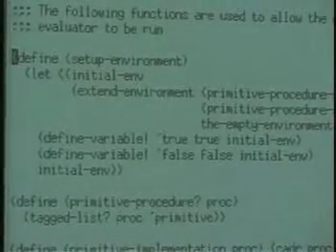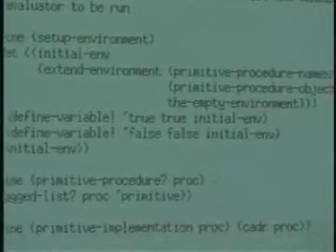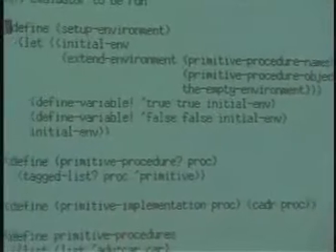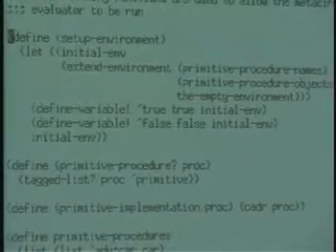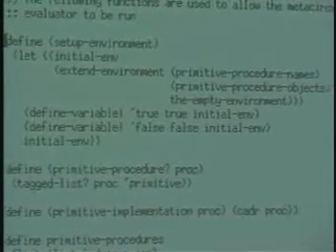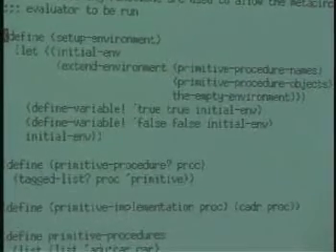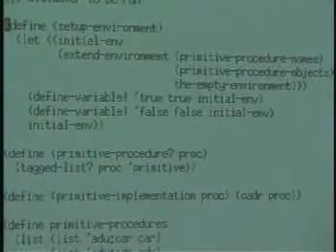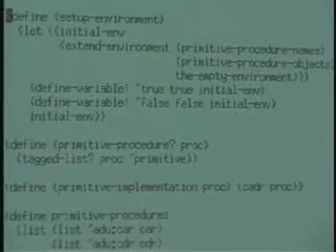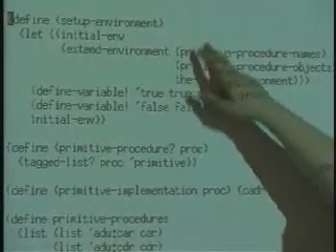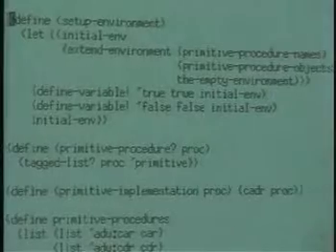So we're going to make bindings from the names of our primitive procedures, which are going to be ADU plus, ADU minus, ADU times, ADU divide, ADU cons, ADU car, ADU cdr, and we could add other ones. I think that's all, ADU null. Those are the ones we have right now. And the objects are the corresponding primitive procedures in scheme: plus, times, minus, divide, cons, car, cdr, null. And those are extended onto the empty environment.